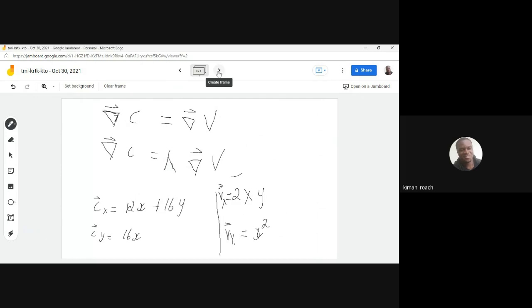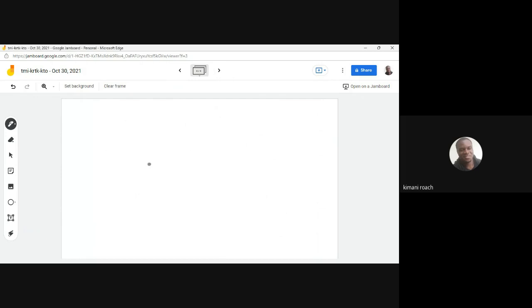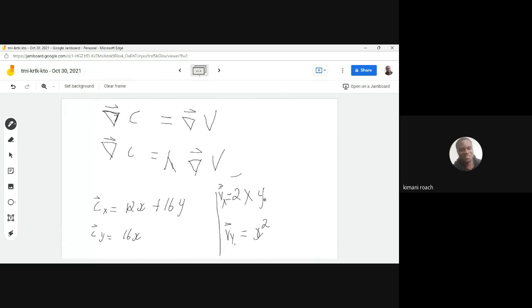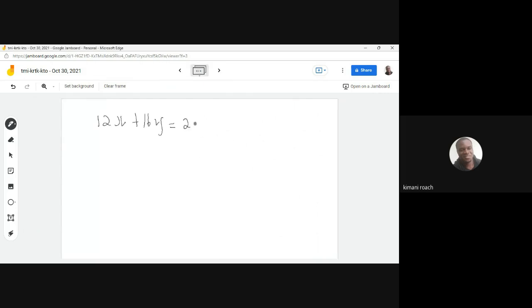So let us quickly look at that with respect to x. The gradient of the cost function, 12x plus 16y, is going to be equal to some constant lambda times the gradient of the volume function with respect to x, that's 2xy. So that's going to be 2 lambda xy.